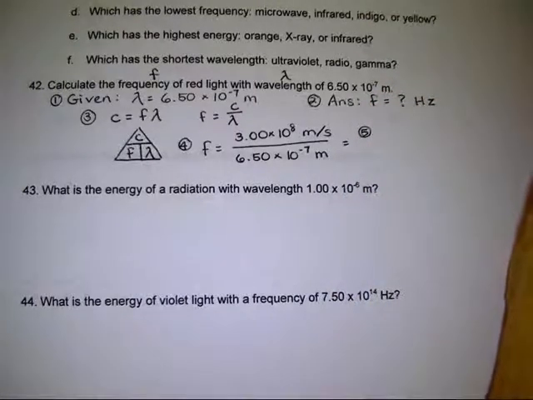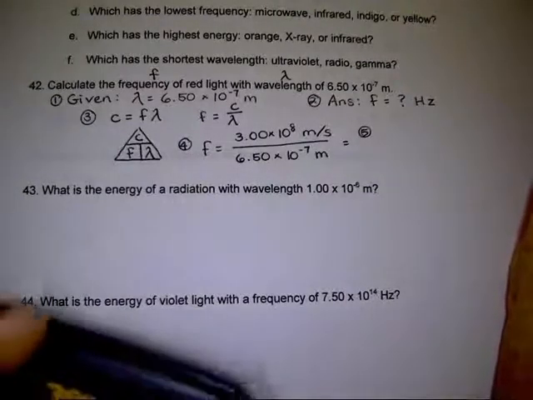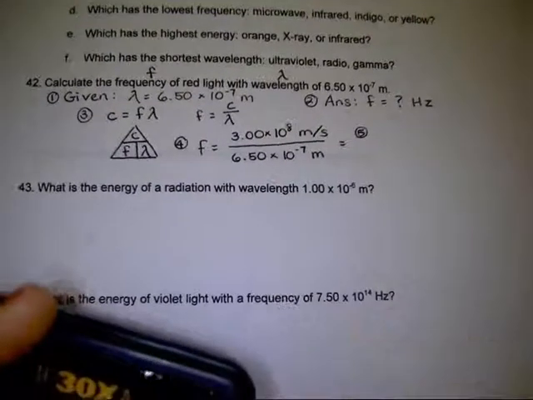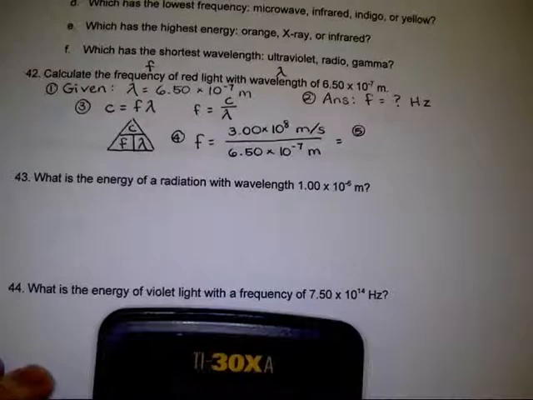Don't forget that when you are putting in scientific notation, you do not use times 10, you use E. I'm going to go ahead and punch this into my calculator.